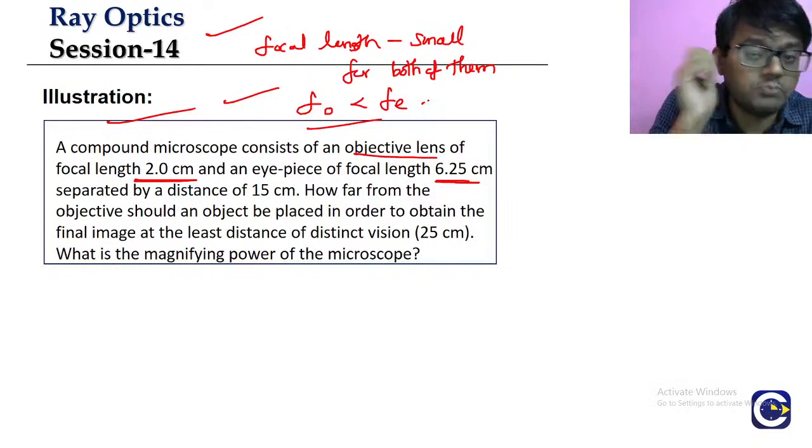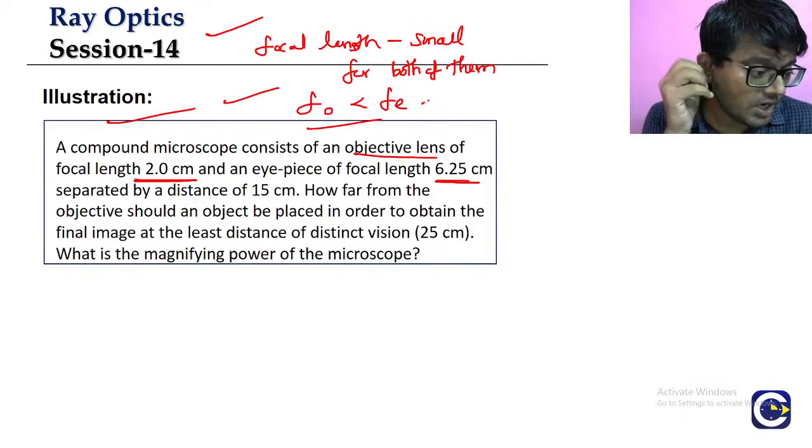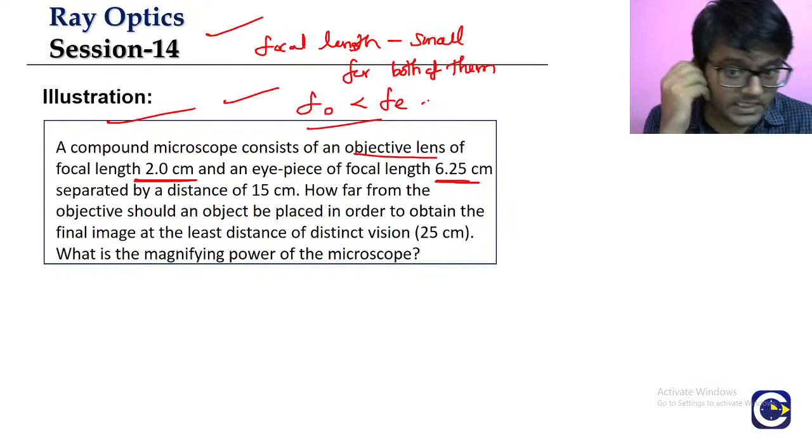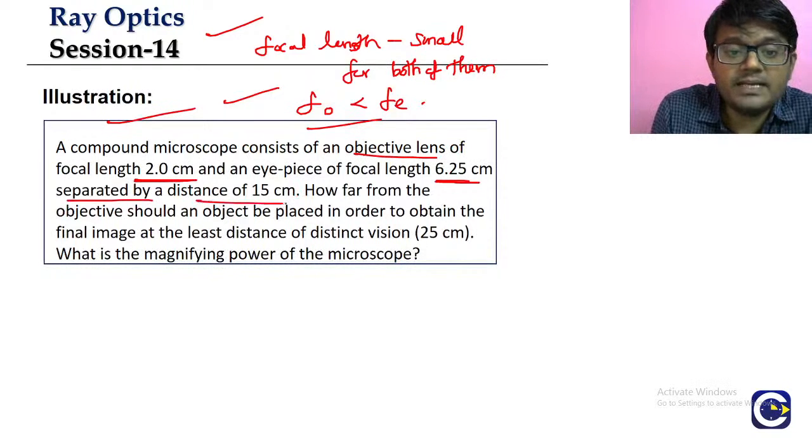Both the focal lengths will be smaller values, but in between them we will generally have the objective having a lesser focal length than the eyepiece. Okay, you can see in this question, objective, what is the focal length? 2 centimeter. Eyepiece will be what? 6.25 centimeter. Separated by a distance of 15 centimeter.